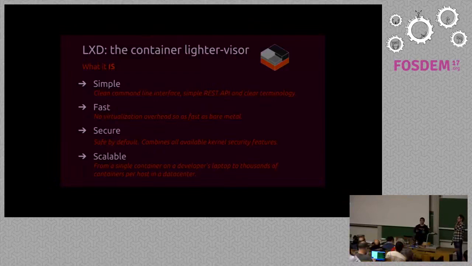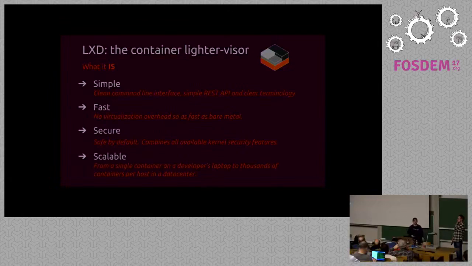It's really extremely fast because it's not virtualization. We're doing containers, so no virtualization overhead whatsoever. Basically raw host performance, with the exception that if you set resource limits, you might have a tiny bit of overhead from the kernel to do the resource limitation. It's very secure.